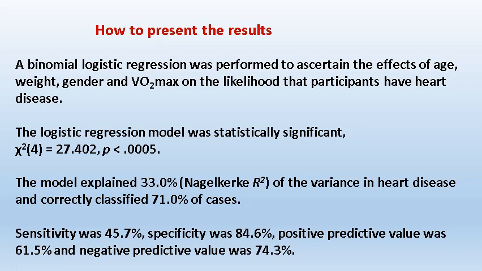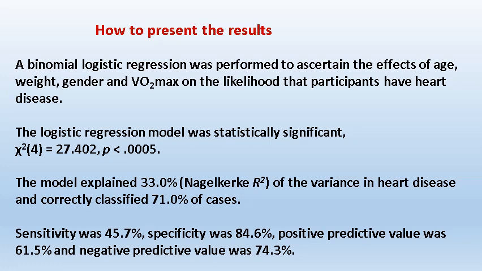The model explained 33.0%, based on the Nagelkerke R-squared value, of the variation in development of heart disease and correctly classified 71% of cases. That is based on classification plots.